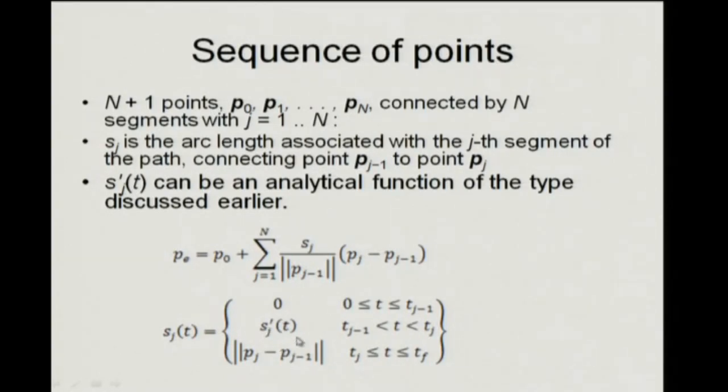And then you use the function Sj prime, which can be any polynomial between these two values, and this is equal to the norm of Pj minus 1 between Tj and Tf.